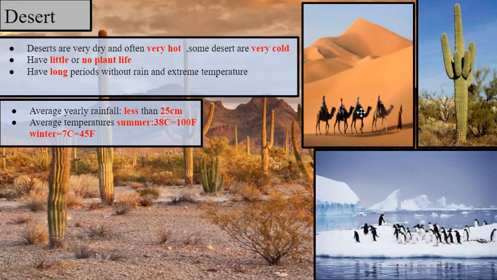Camels actually have very unique adaptations that help them live in a sand desert, and we will be talking about that on future slides. We also have a picture of Antarctica right over here with our penguins, and as you can see from this image, there is little to no plant life, as well as this area receives no rainfall.